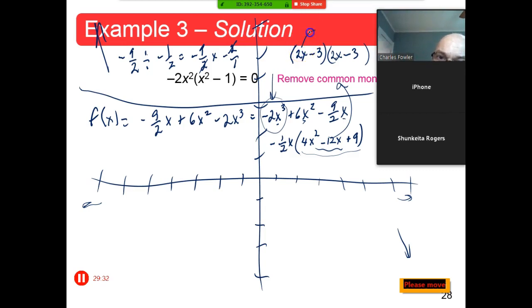Let's do our foiling. 2x times 2x is 4x squared. We knew that worked. And then let's do the outer. That's going to be 2x times -3 is? -6x. And then the inner, -3 times 2x is?